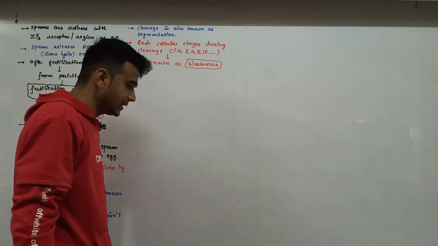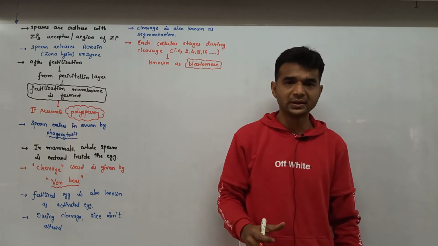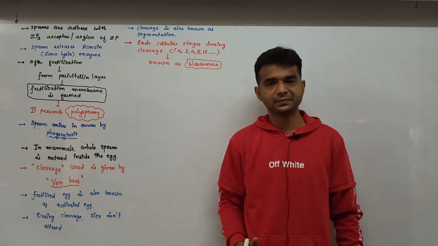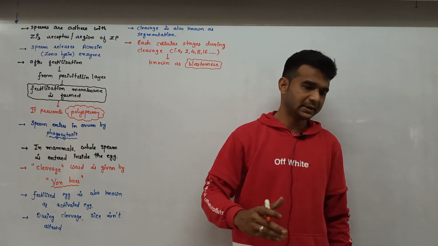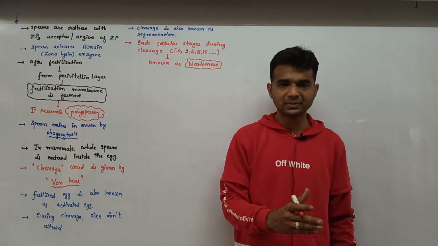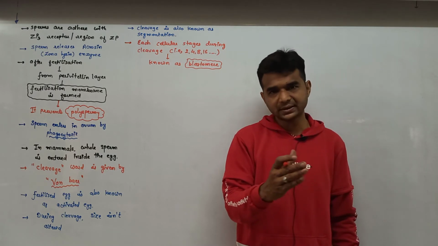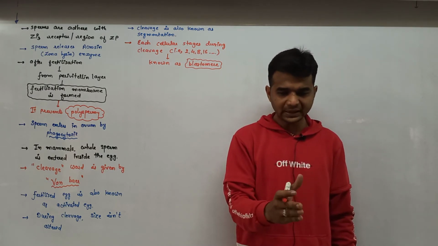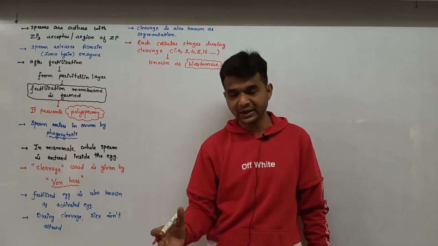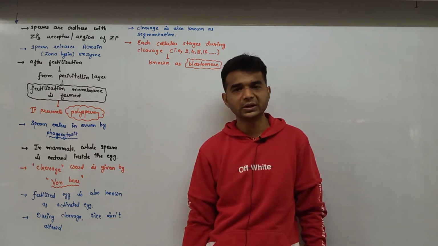It is very interesting to know that during formation of each blastomere, the zygote moves towards the uterus, because you know that at the ampullary isthmus site fertilization occurs, and then cleavage starts. So during cleavage, 2, 4, 8, 16 celled stage, one by one the blastomeres move towards the uterus.